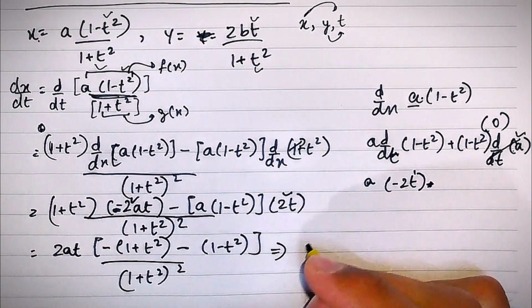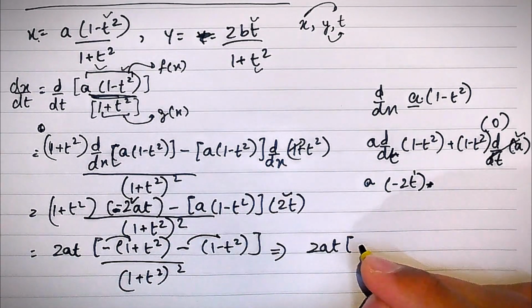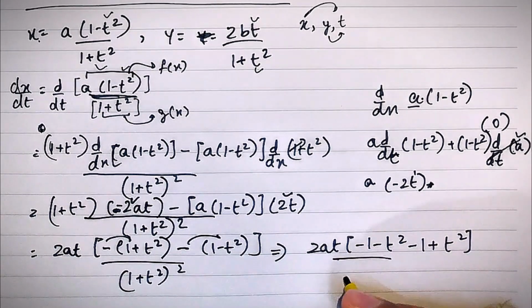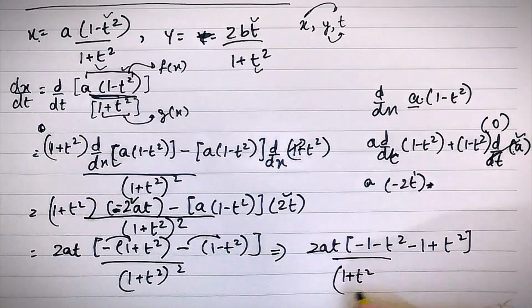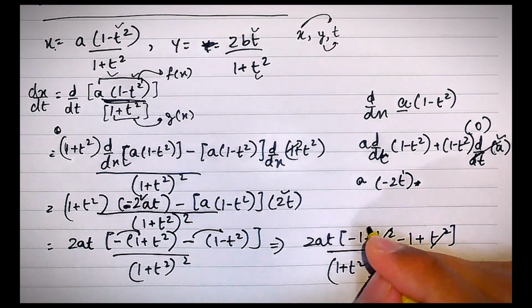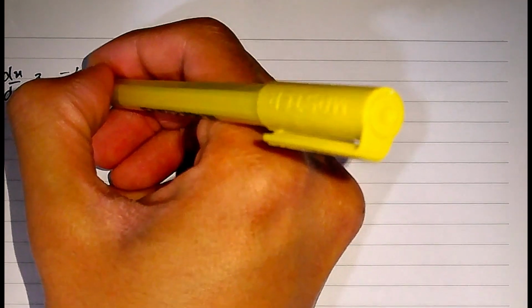We can solve it a bit further. 2at, if I multiply this negative sign and this negative sign, we have negative 1, negative t², negative 1, positive t², and in the denominator again (1 + t²) whole square. So this would be cancelled, and negative 1 would become negative 2, so this would be multiplied, and we will get negative 4. So finally dx/dt would be equal to negative 4at divided by (1 + t²) whole square.